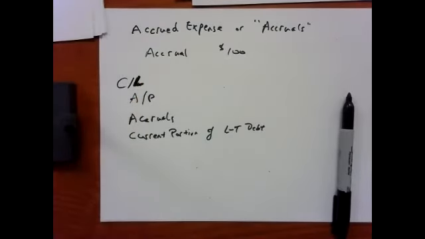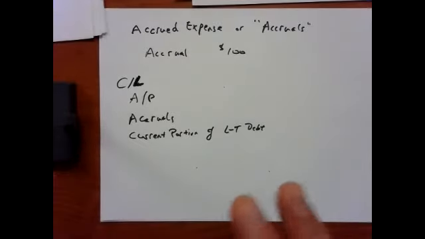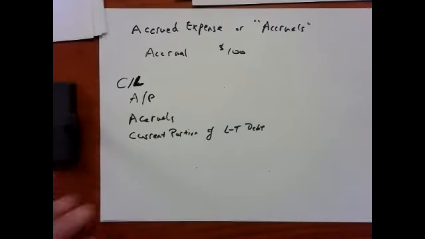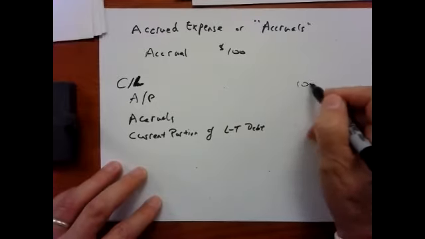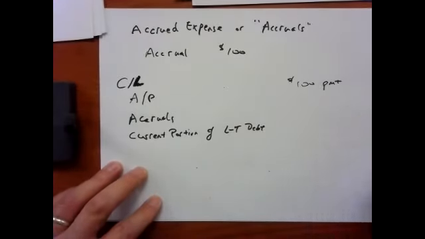The portion of your payments that are due this year that are towards your principal gets reported as current portion of long-term debt. Let's do this super simple, even though it's not accurate. You have a $100 payment each month.